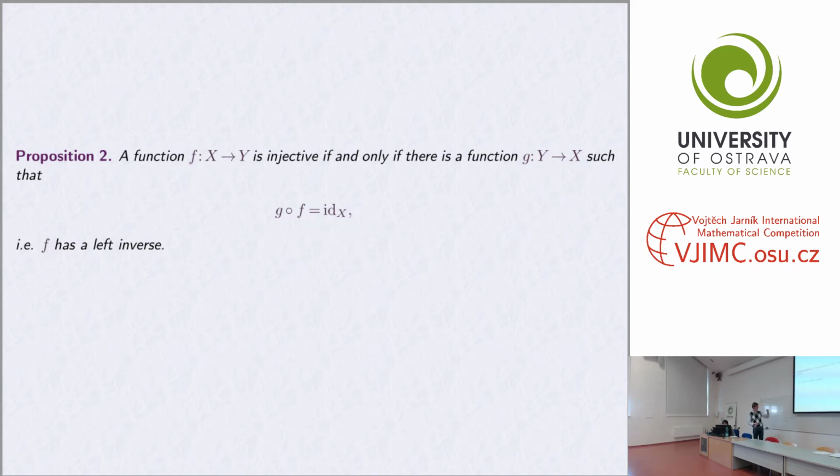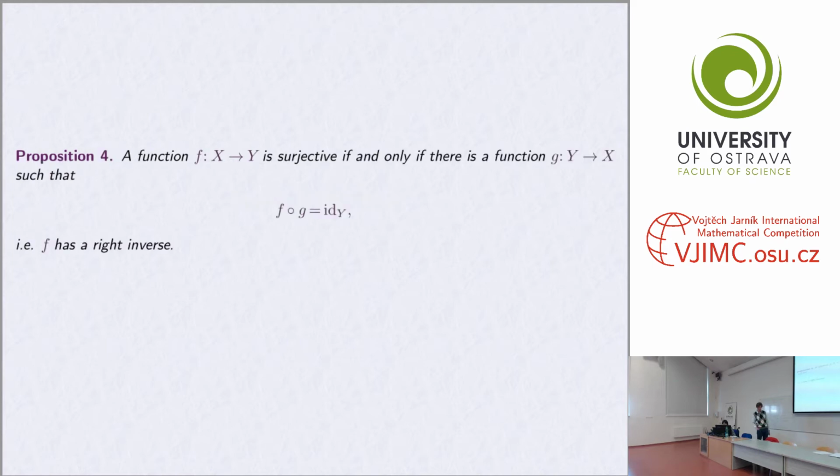If that was our candidate for the new definition of injective function, it seems like a natural idea to define surjective functions as those that have the right inverse. It seems to be working.